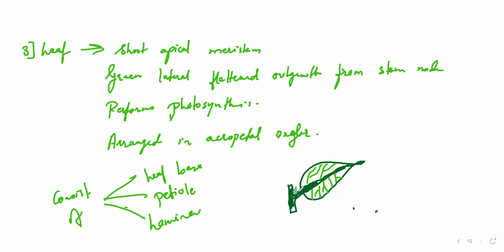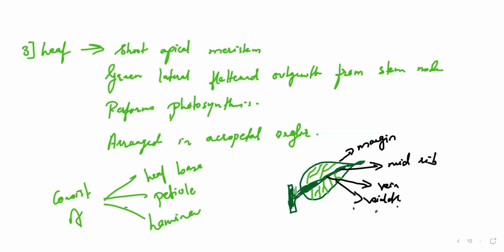Okay, so over here, this is nothing but the margin of leaf. Okay, this is called the midrib. Then this thing is called the vein, and the sub branches you can see are called the veinlets.